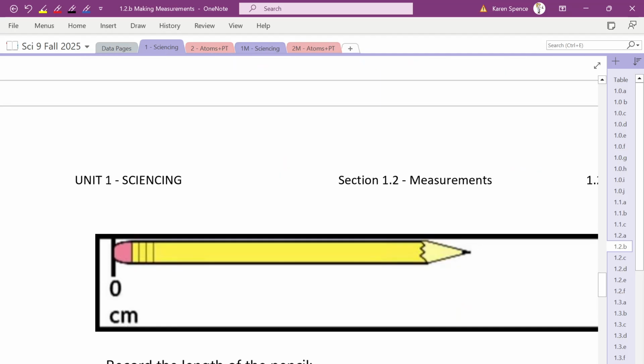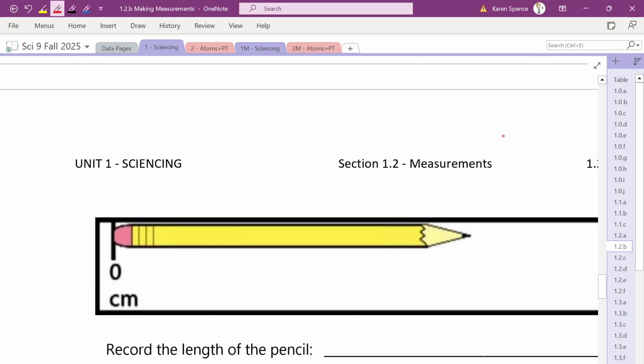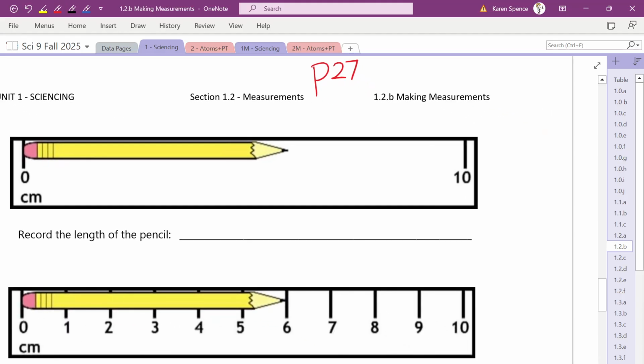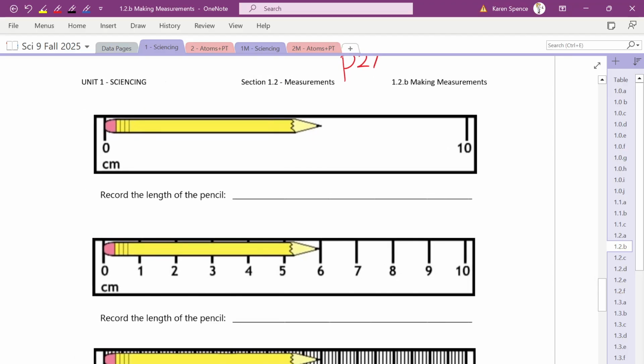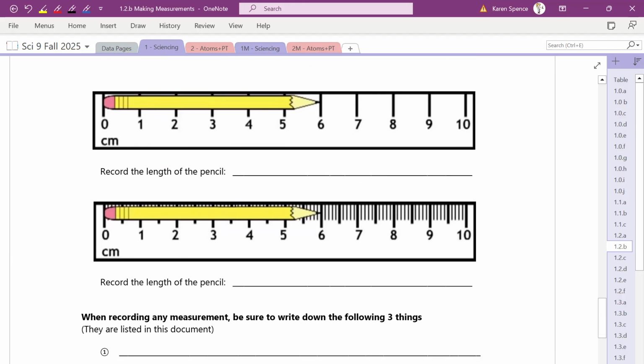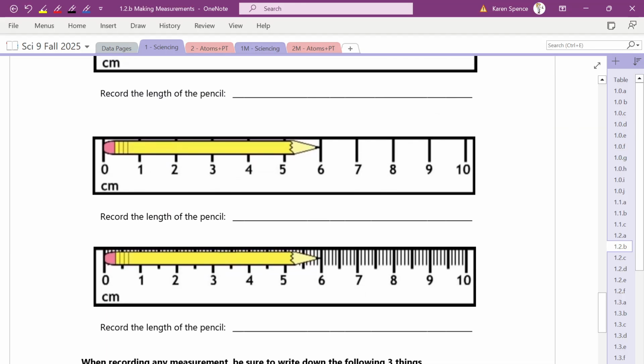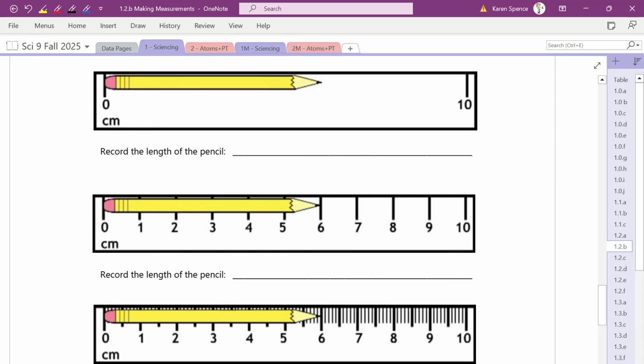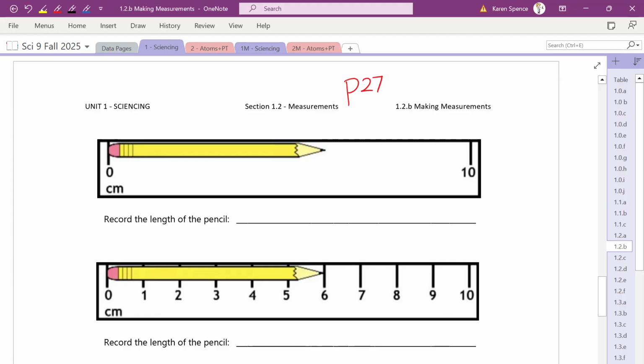All right, and we're now on page 27. What I'm going to get you to do is try these 3 measurements and make sure you record them using all 3 things that you need. And then we can check your answers, okay?